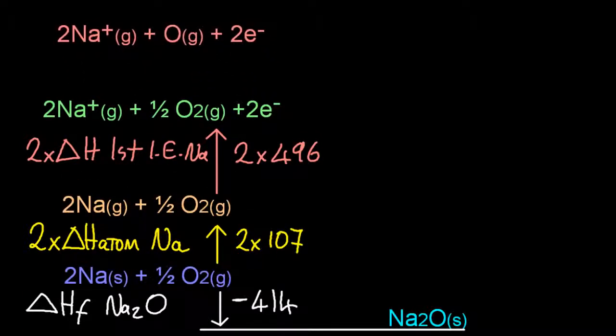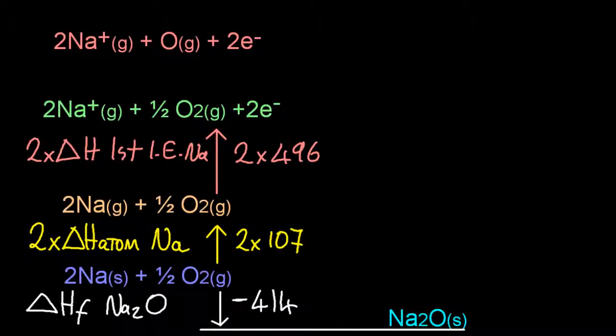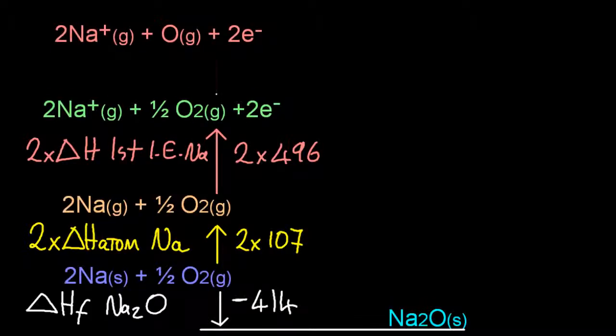Next up, I need to atomize the oxygen. So I've got half of an O2 that I need, so I've got to make O. This is where the IB likes to play a little sneaky trick, but if you know it, then you won't fall for it. They could just give you the atomization value, or they could tell you to look it up in the data booklet.